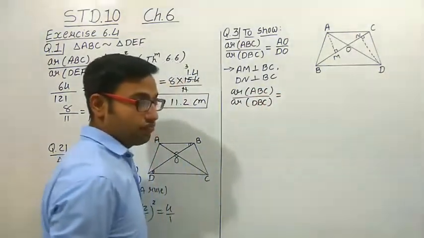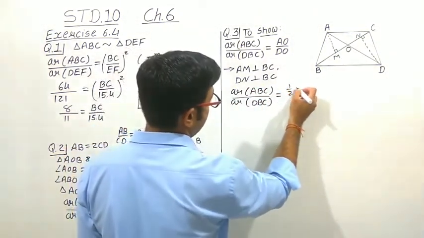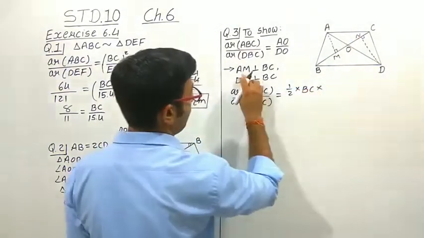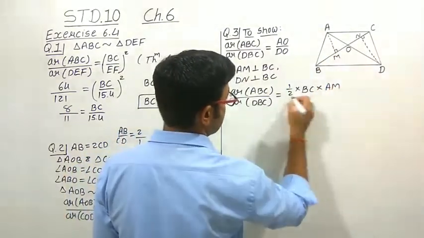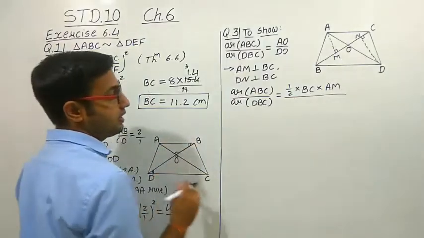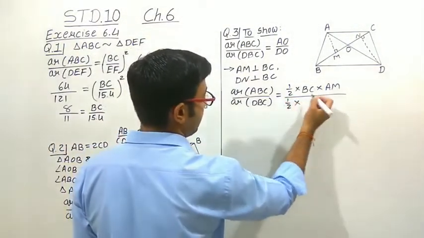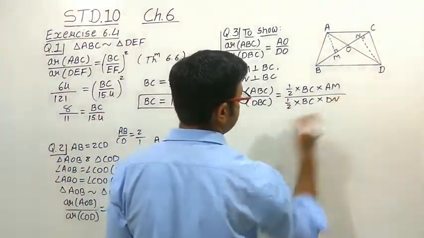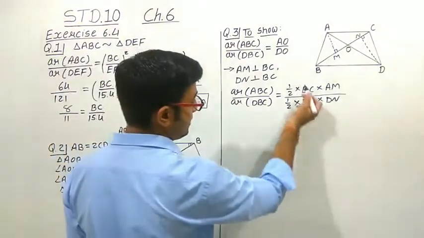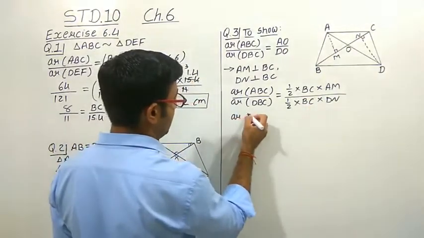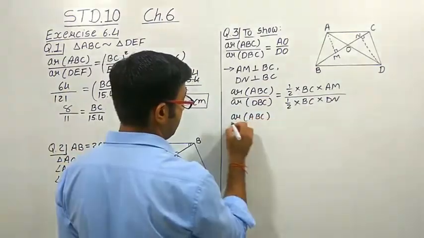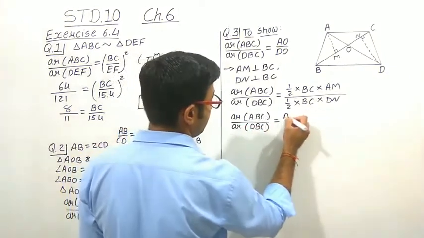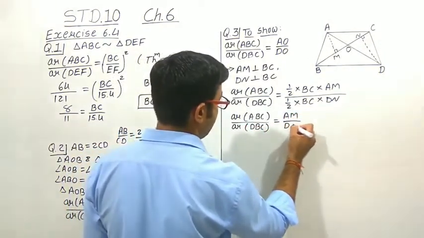According to the formula, area of triangle ABC is 1/2 into base BC into the altitude AM. In the same way, area of triangle DBC is 1/2, the base remains BC, and the altitude is DN. Now see, 1/2 BC cancels out. What remains? Area of ABC upon area of DBC is equal to AM upon DN.